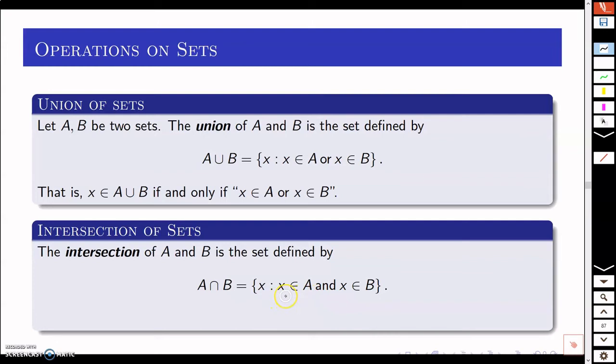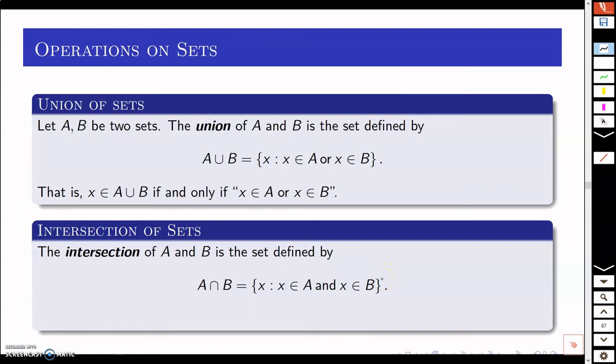Intersection means the common elements which are there in both A as well as B, and it is denoted by A intersection B. This notation is for intersection and it is defined as this set.